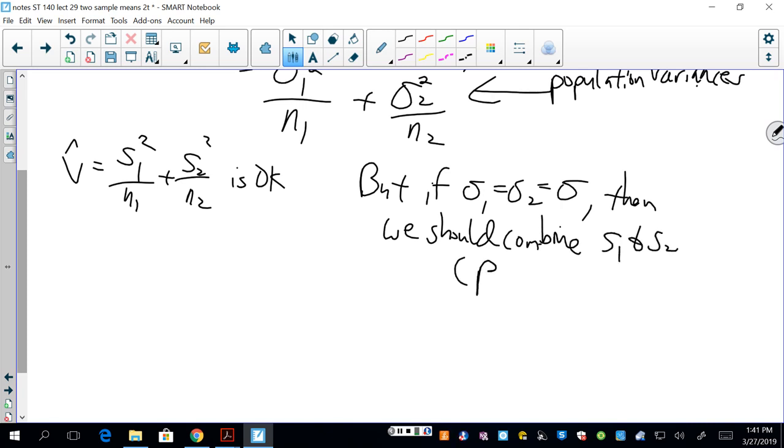And this combination process is usually referred to as pooling, to pool or combine the estimates of the variance. We have two variances. If they're really the same, we only need to estimate one time. So let's put these two things together. And so the pooled estimate of that is going to be an average of the two variances.